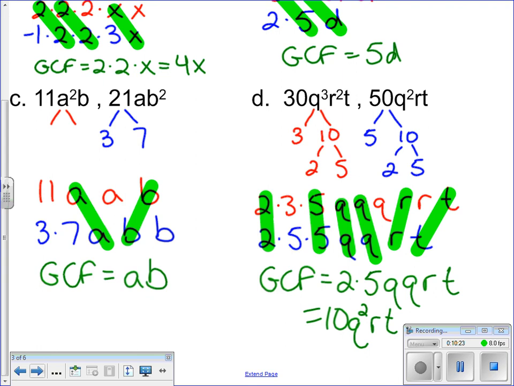All right, that completes 8.1, learning to factor and using GCF.